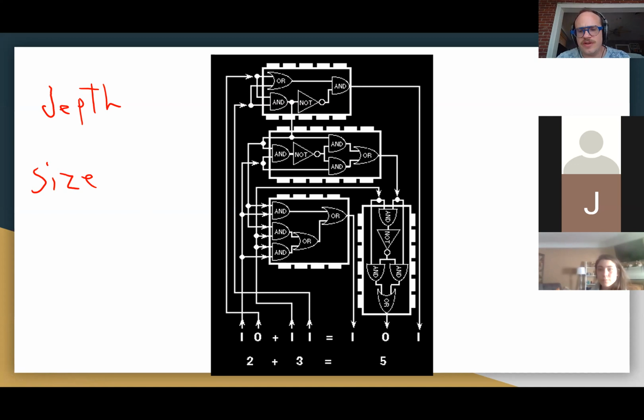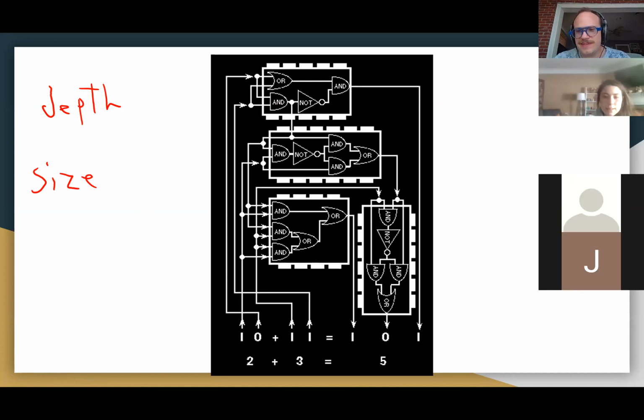Hey, Maddie, can you try talking just to see if I can hear you guys? Can you hear us? Yeah, okay. So did anyone have trouble figuring out the depth or size of the circuit?